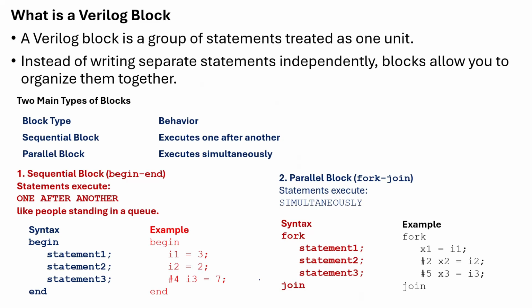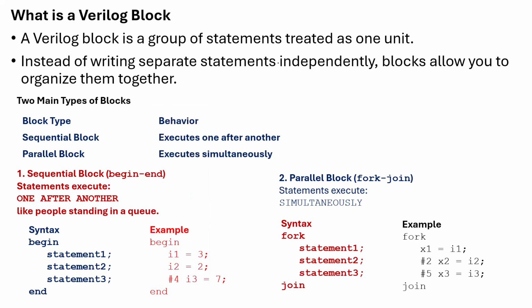What is a Verilog block? Okay, a Verilog block is a group of statements, and it is treated as one block. Take a community: a group of people sitting in one place, forming one community.